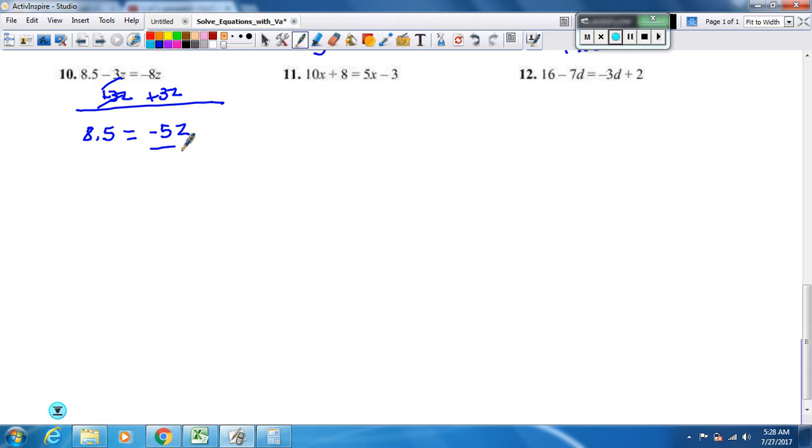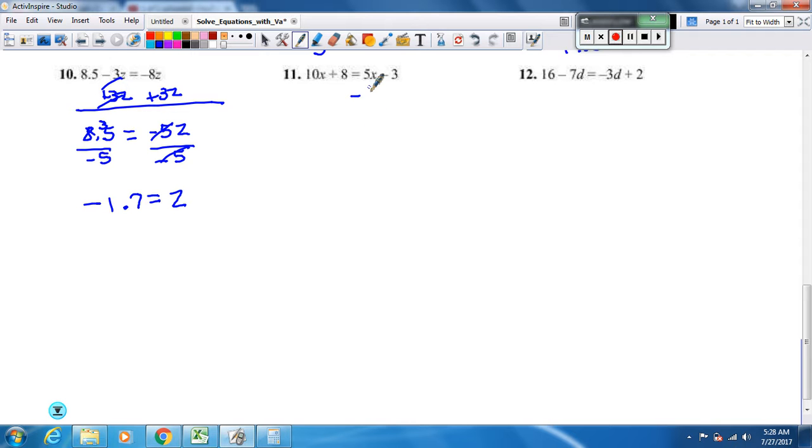The opposite of times is divide. I'm going to divide both sides by negative 5. No negative on the top to cancel the one on the bottom, so it just stays negative. Okay, 5 goes into 8 one time with 3 left over. 5 goes into 35, 7. So negative 1.7, top cancels with bottom, equals z.